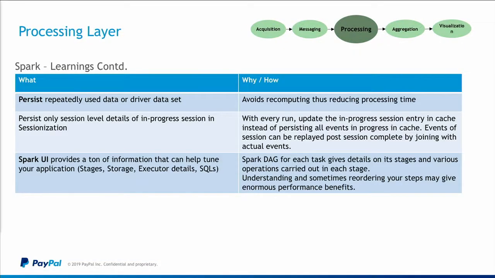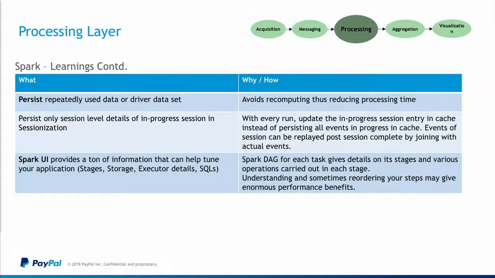Some more learnings. Like I said, it is always better to persist repeatedly used or driver set data. We do sessionization, which is indispensable to understand the user's behavior over a complete session, and also compare multiple user sessions and so on.